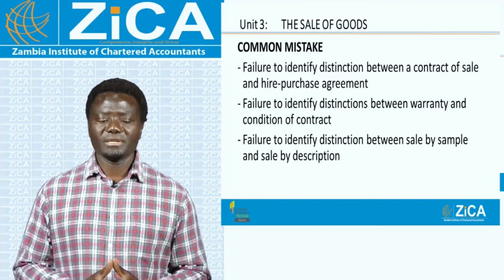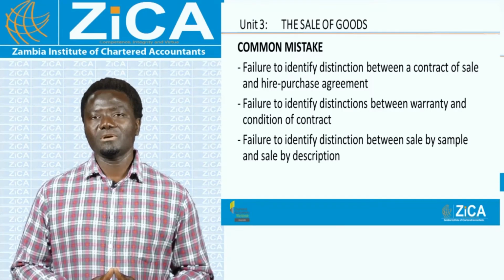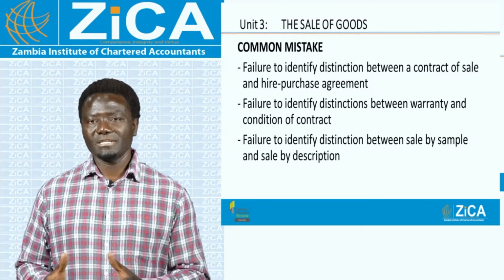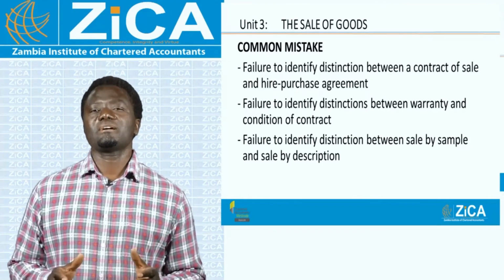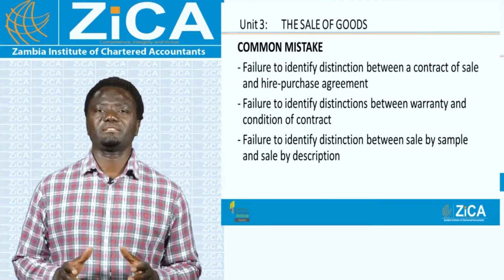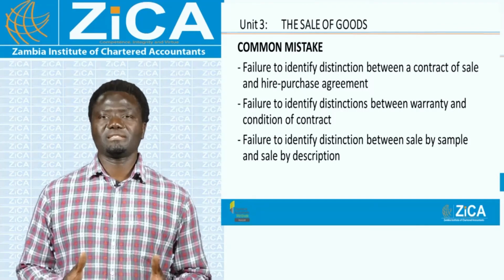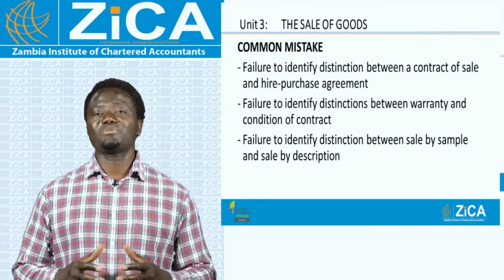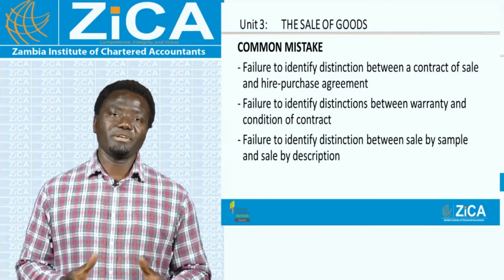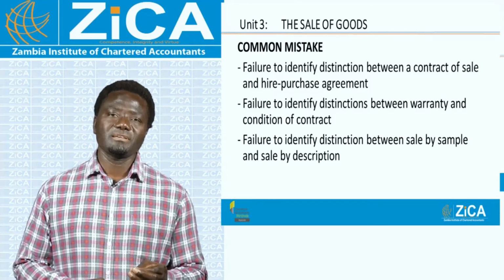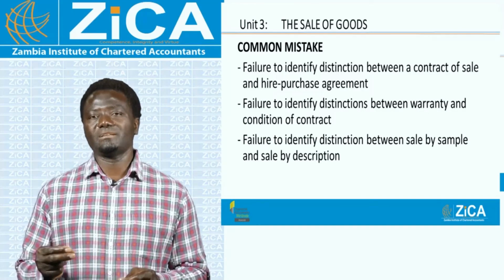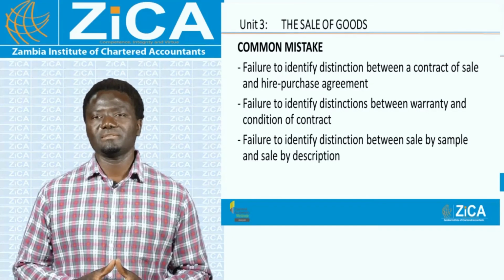And then equally, we're looking at what a warranty and a condition basically are. This is something that is a very, very complicated thing, not only to learners at this stage, but equally to people who may be experienced in these things, to understand what a warranty is and what a condition of a contract is.